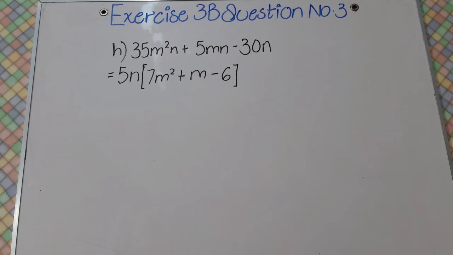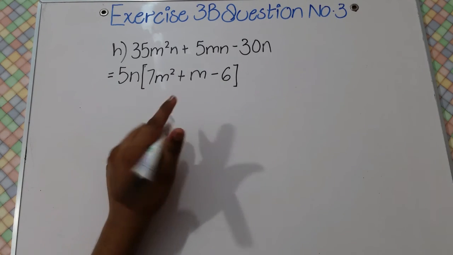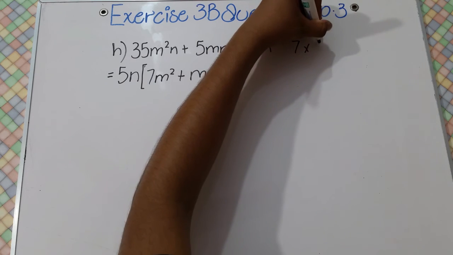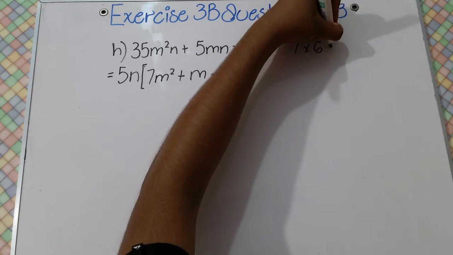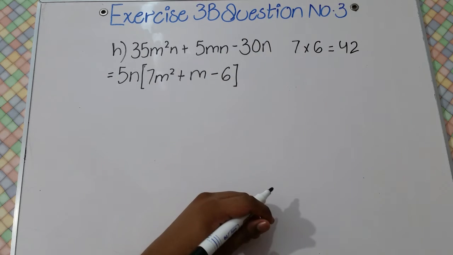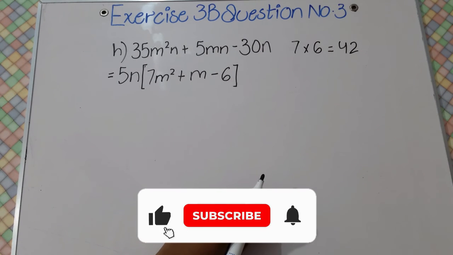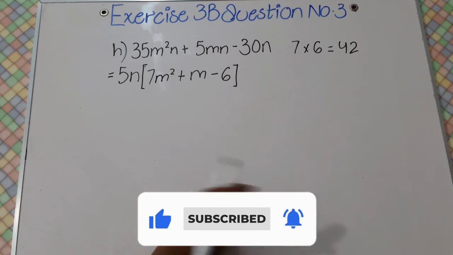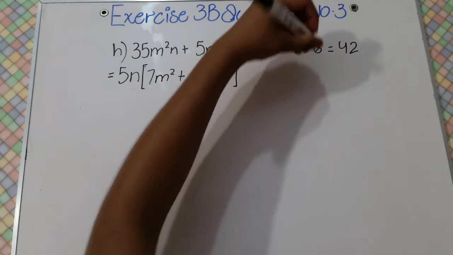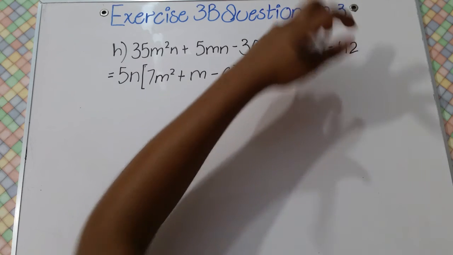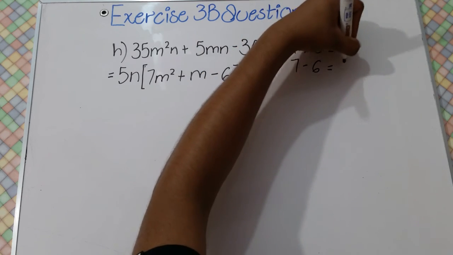Now I'm going to find the middle term. If I multiply 7 with 6, it is 42. We need to find numbers that multiply to give 42 and subtract to give 1, so it's the perfect pair, because if I subtract 6 from 7, it would be 1.